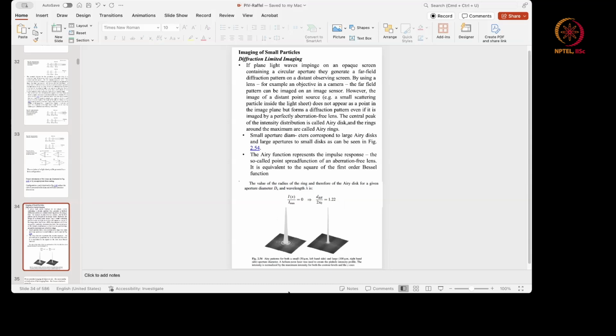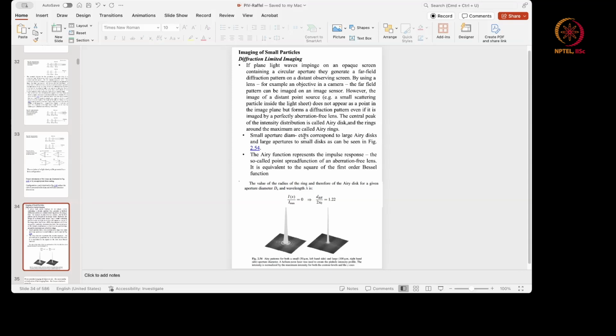The central peak looks something like this. For example, this is a 50 micron and this is a 100 micron. As you can see, 50 micron is left, 100 micron is right. So a smaller particle gives rise to a wider Airy disk.